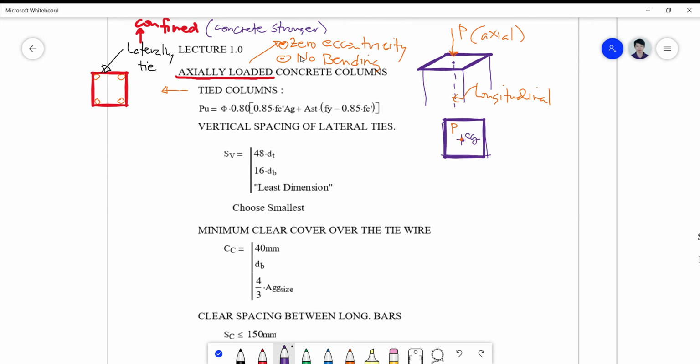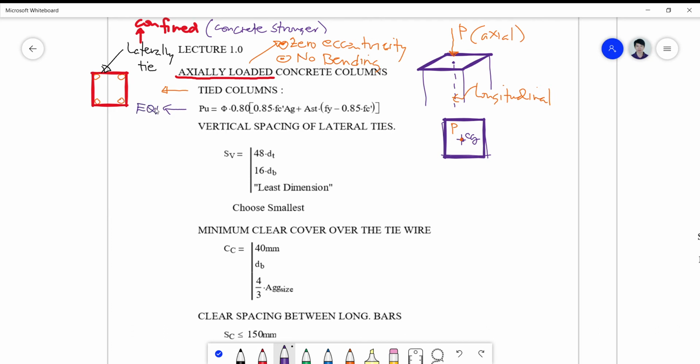So if you have a good lateral confinement, then your column will behave much stronger. We will dig deeper into that scenario as we go through the lecture. So for the formula of tied columns, this is now the equation that we need.